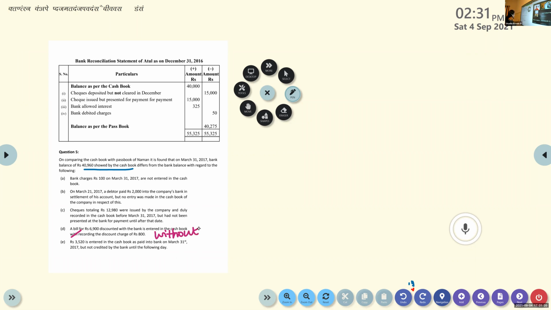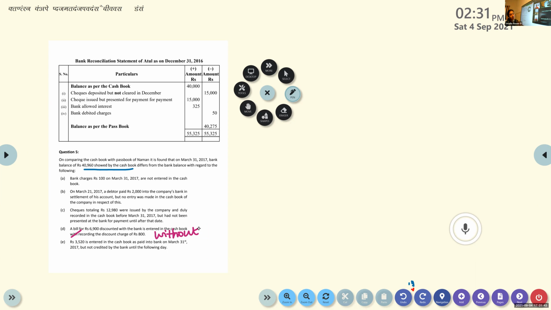So that means there was a bill. That is a bill of exchange. It is discounted with the bank. That means in the bill of exchange, a date will be mentioned. Only on that day, we are going to get the payment. But suppose we need money before that, what do we do?